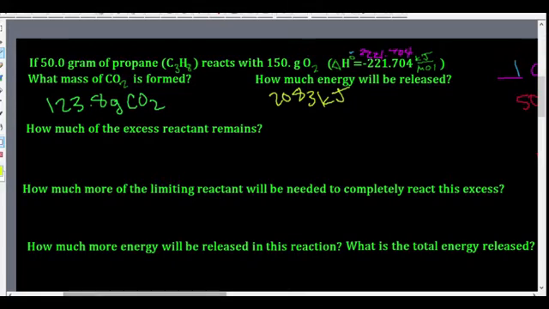So the next question is, how much of the excess reactant remains?